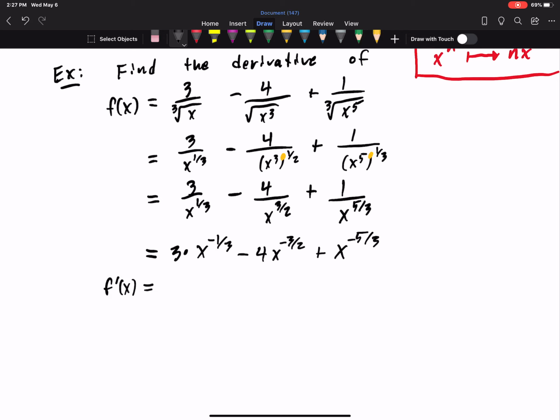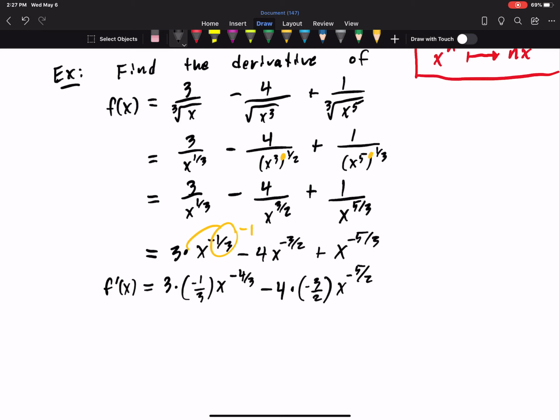Derive this. You're going to take your power, bring it down in front, multiply. So this gives you 3 times minus 1/3 x to the, subtract 1 from the exponent. So what does that give you? It gives you minus 4/3. Do the same thing over here. So you have minus 4 times minus 3/2 x to the minus 5/2, because you're subtracting 2 over 2 if you think about it.